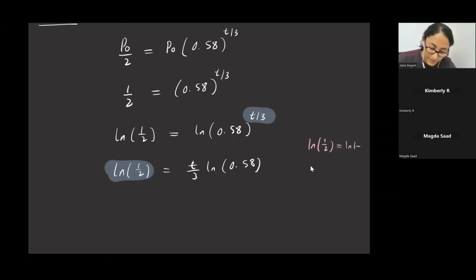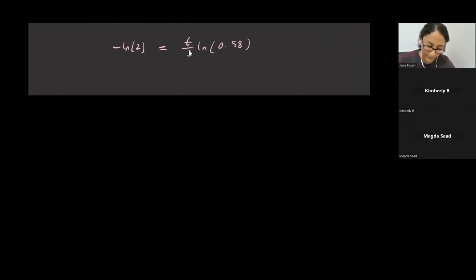This is ln of 1 minus ln of 2, the quotient rule. And then ln of 1 is 0, so you just have negative ln of 2. So ln of 1/2 can be written as negative ln of 2. And this is equal to t/3 ln of 0.58. Let me know if you follow.